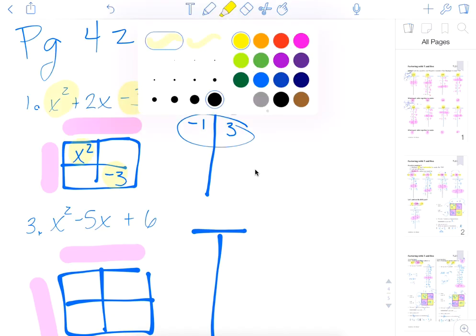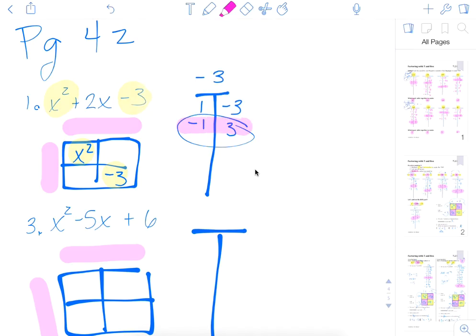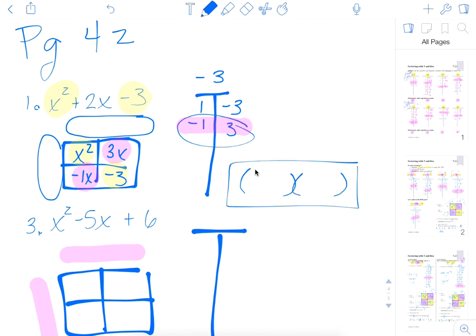Take whatever numbers you got off of your T-chart and put them in the second boxes with the X's. Your job is to try and figure out what goes here and here so that you can write out a final answer with double parentheses, okay?